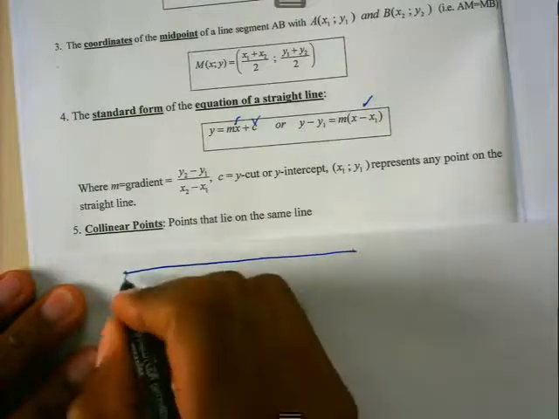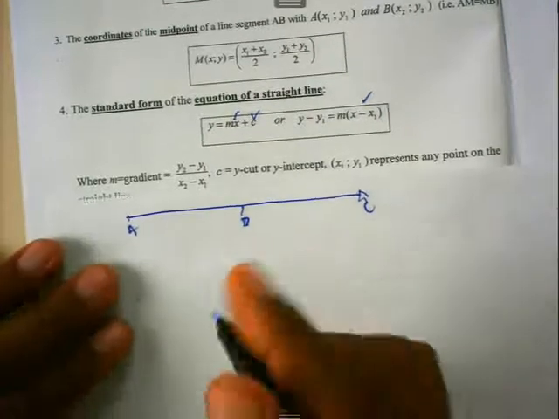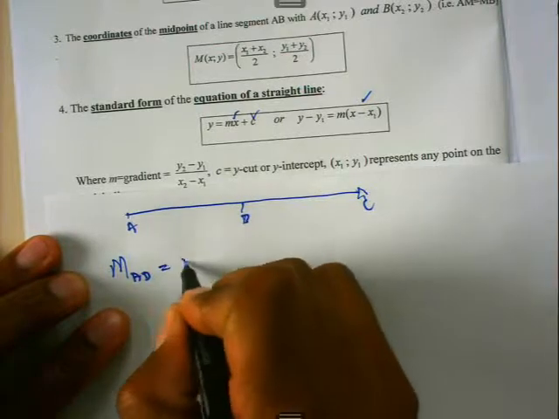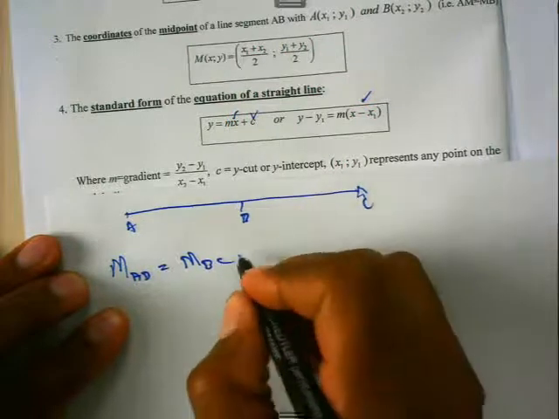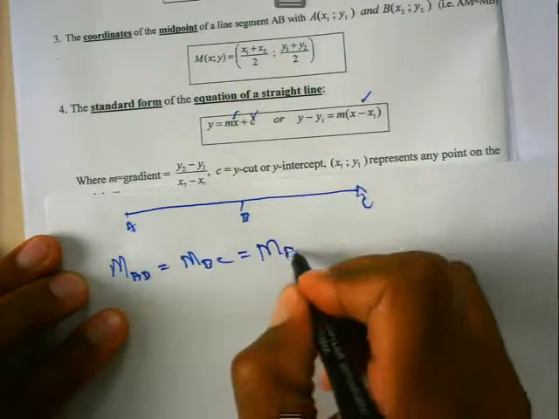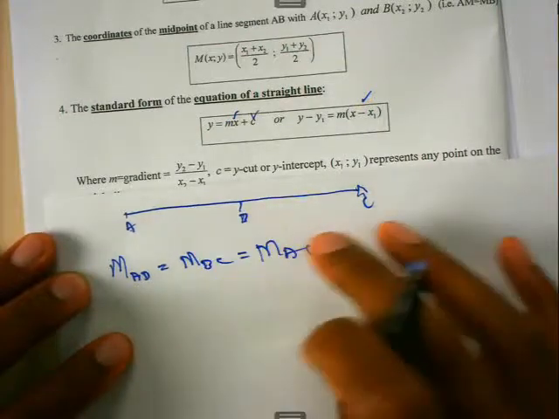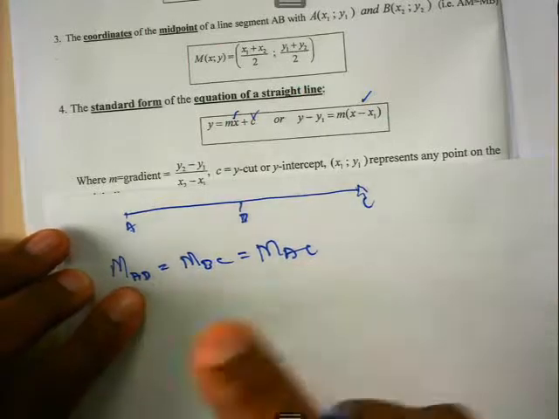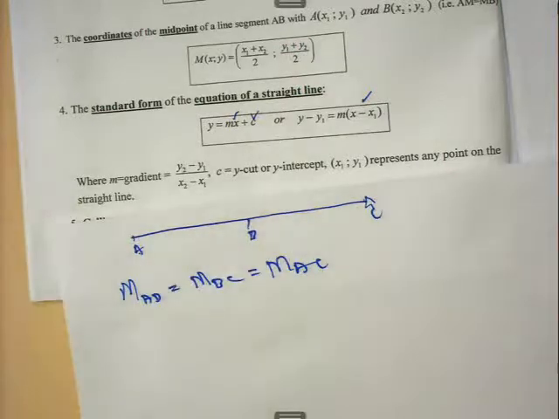If this is A, this is B, and this is C, then we agree that the gradient of AB is equal to the gradient of BC, is equal to the gradient of AC. It's very, very important. Then, of course, we'll just look at the given information. Then you choose. It's either you take the gradient of AB equals the gradient of AC, or you take the gradient of AB equals the gradient of BC. This will just depend on the type of the questions that you have, right?